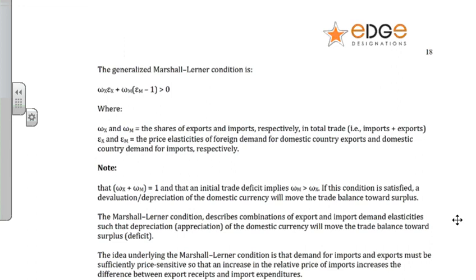What is the Marshall-Lerner condition? Look over here. WX and WM, remember X and M is exports and imports, the shares of exports and imports in total trade.